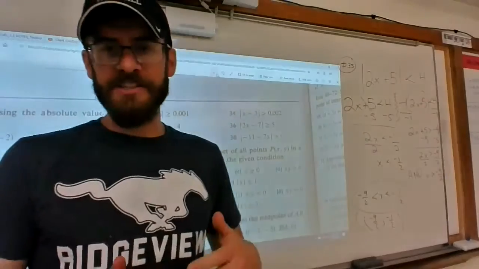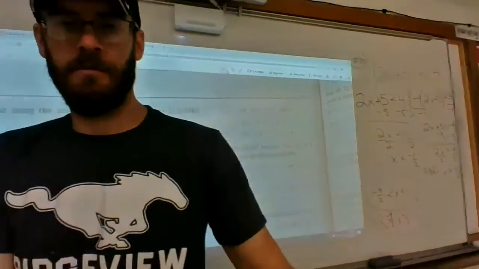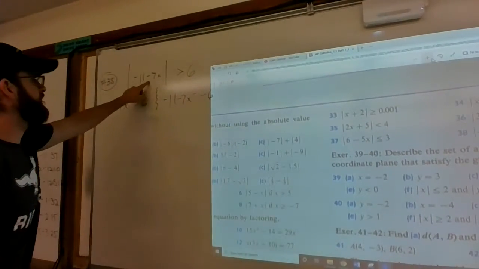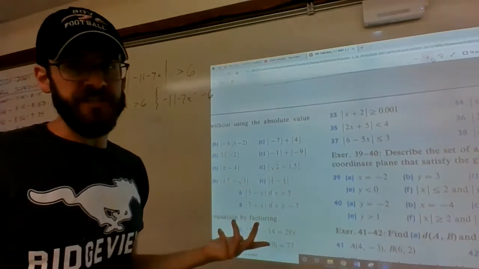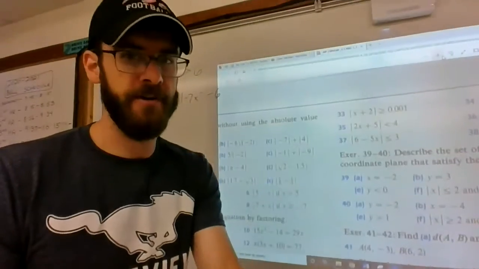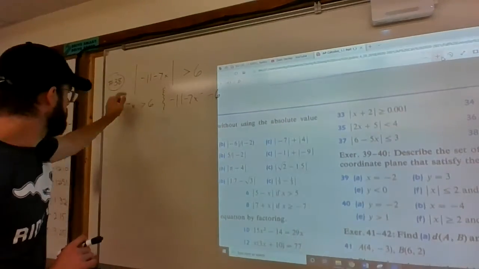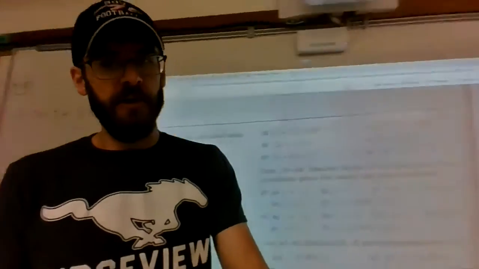All right, so let's say it's not a less than symbol. Let's say it's a greater than symbol, okay? Well, I've already done the first step for you guys. If you check it out, I just dropped the bars and rewrote the inequality, just like over here.